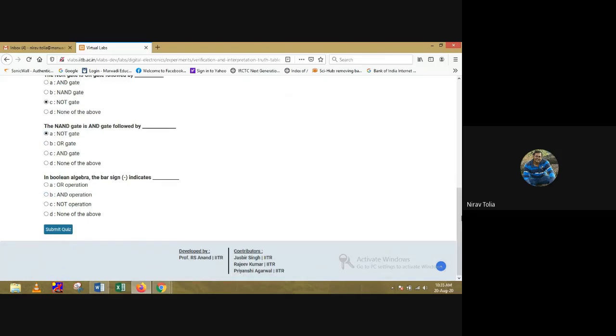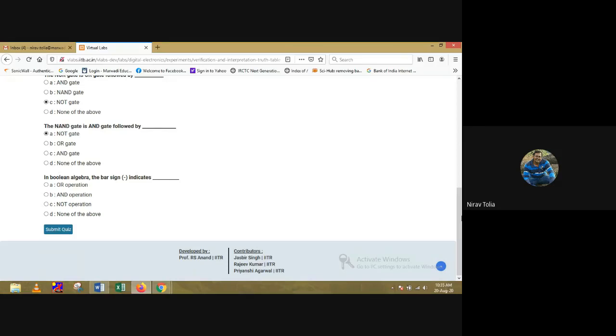The last one, in Boolean algebra, the bar signal indicates which operation? OR operation, AND operation, NOT operation, or none of the above. Okay, so again the answer is NOT.